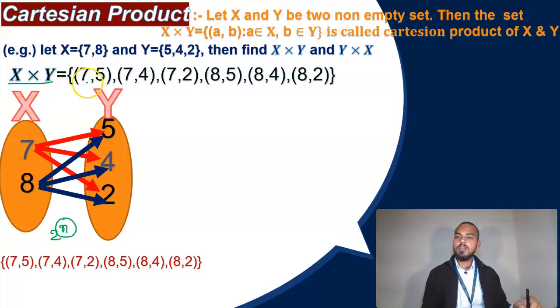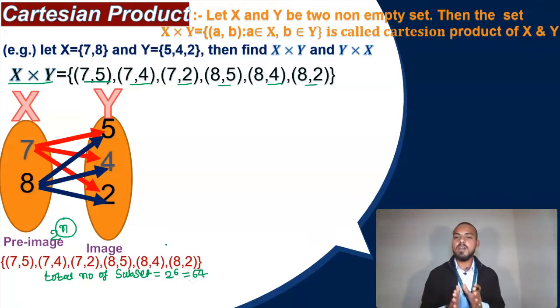Here we need to count the total number of ordered pairs, and you can see that there are a total of 6 ordered pairs. So what is the total number of subsets for this Cartesian product? The total number of subsets is equal to 2 to the power 6, that is equal to 64. So this is the concept of Cartesian product. I hope you understand very well.